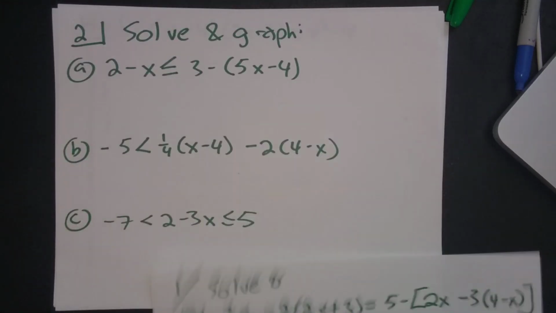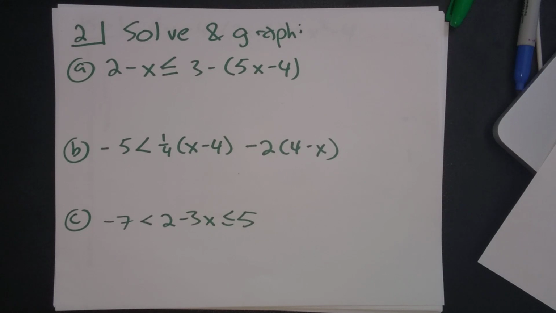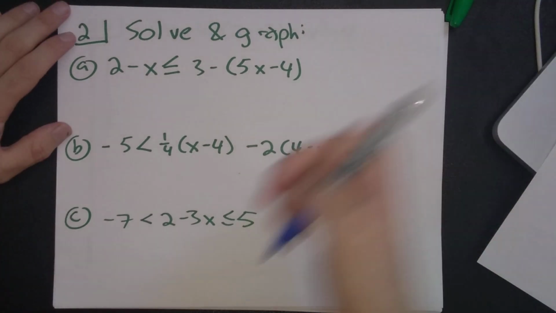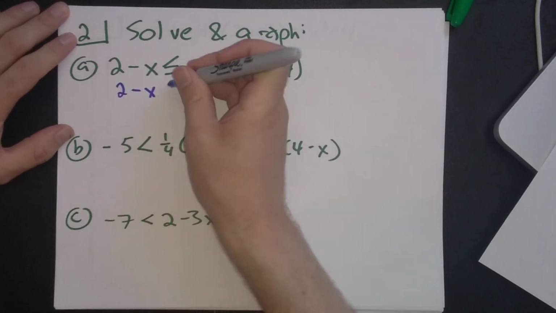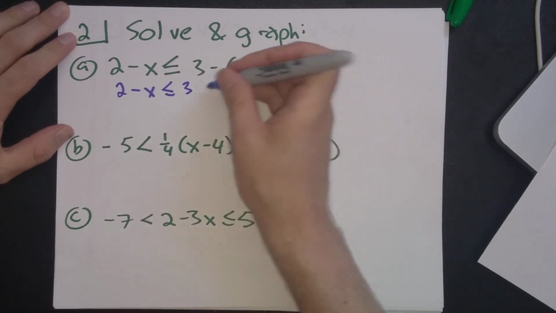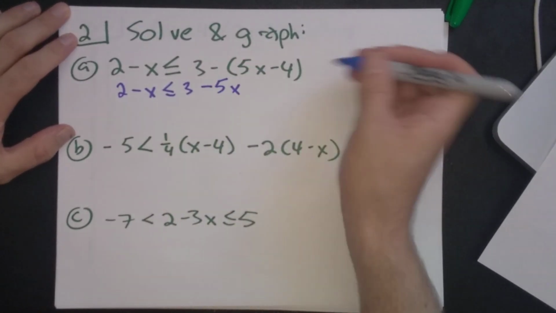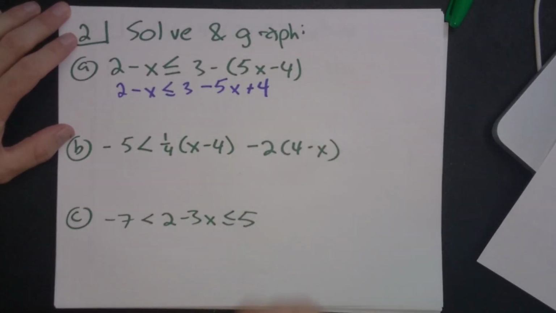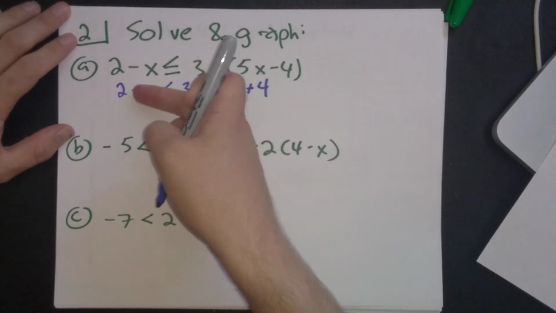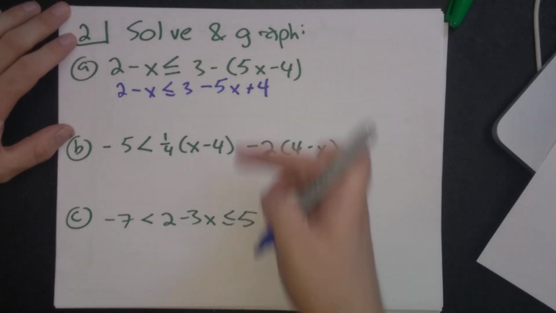Okay, so going from linear equations to linear inequalities here, we solve them in similar ways. So let's see here, 2 minus x. Let's distribute here 3 minus 5x. Plus 4. Adding 5x to both sides, I'm going to put the x terms on the left and the constants on the right.